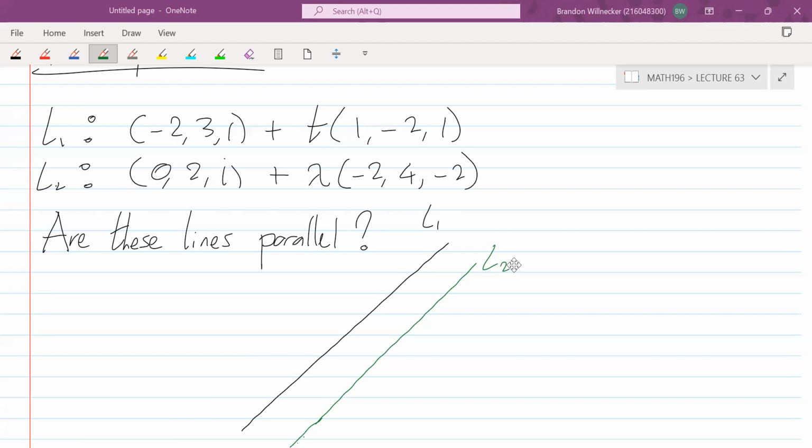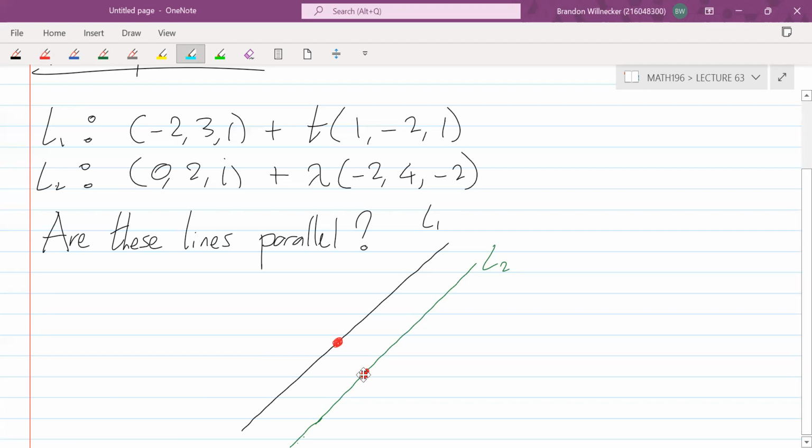Well, we can look at it in terms of the direction vectors for L1 and L2. Again, we just pick some points along the line. Let's say this point here and this point here. What we want to do is find the direction vectors at these two points.